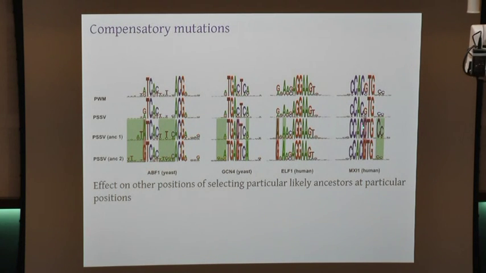Here the idea of compensatory is that it clearly prefers a G, but there is some sign of a C here. If I pick this G, then I don't really care about the C that much. But if I pick a C here, then I need to have these Cs. One would think it affects the binding energy in some way. If I have a C here, it's detrimental to the binding energy, but then if I have these Cs, it brings it back.